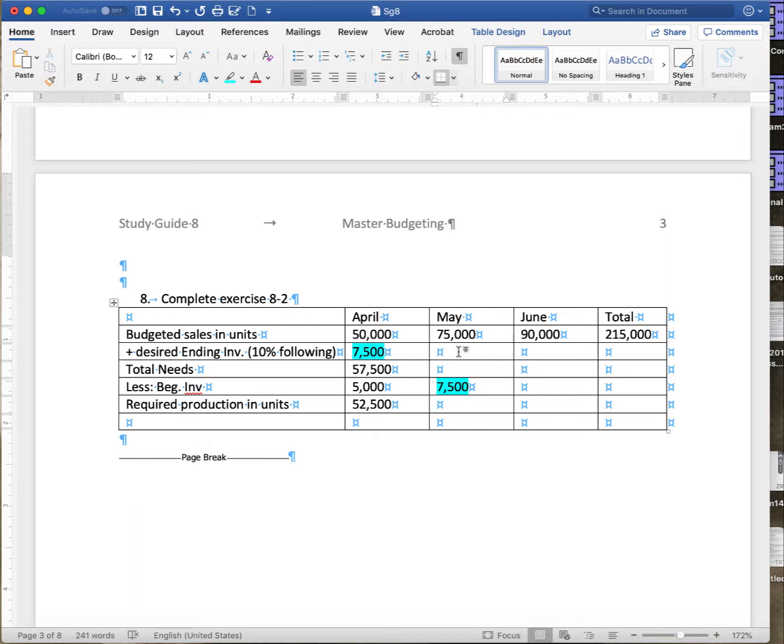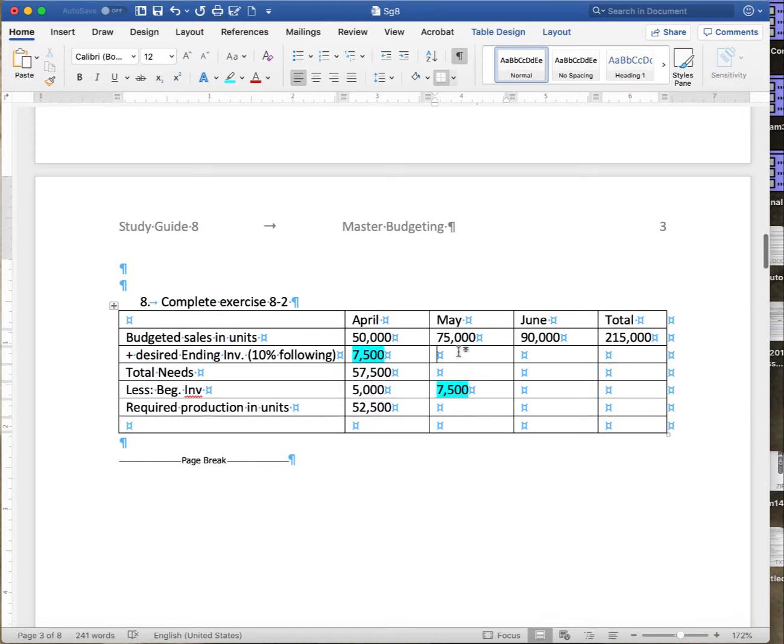So now I can go ahead and work through the numbers, right? I know I'm budgeted to sell 75,000 units, so I have to produce at least that. But then we want to factor in a desired ending inventory of 9,000. That's 10% of June's budgeted sales.